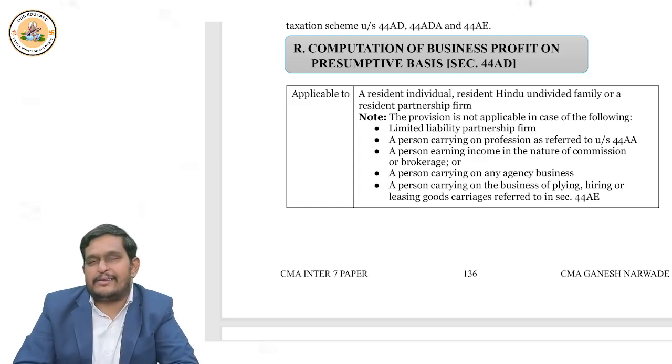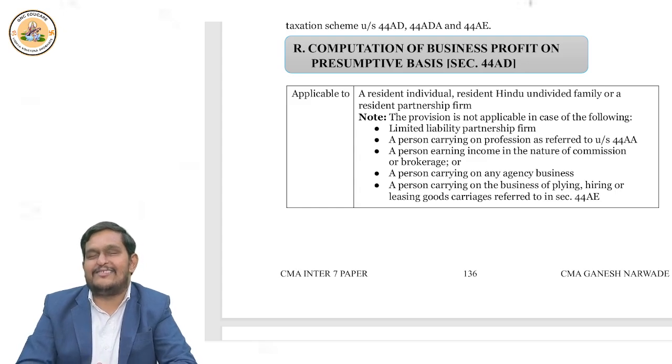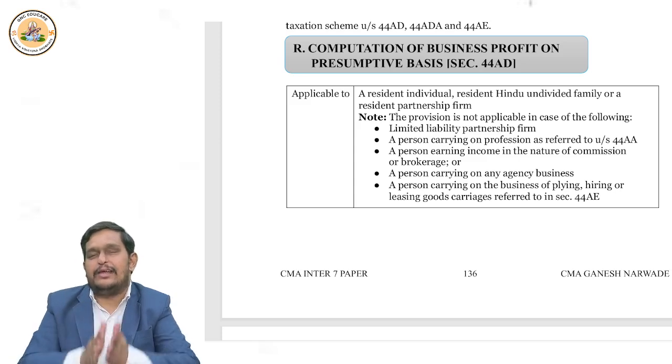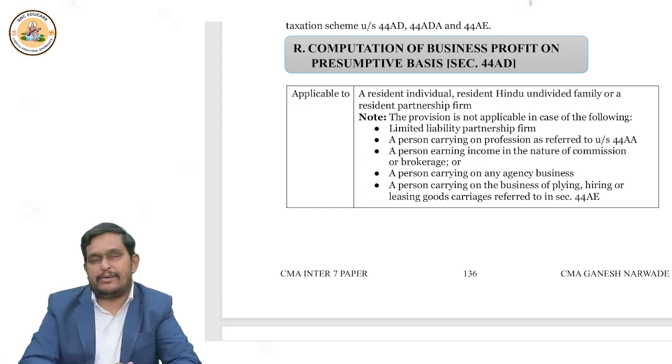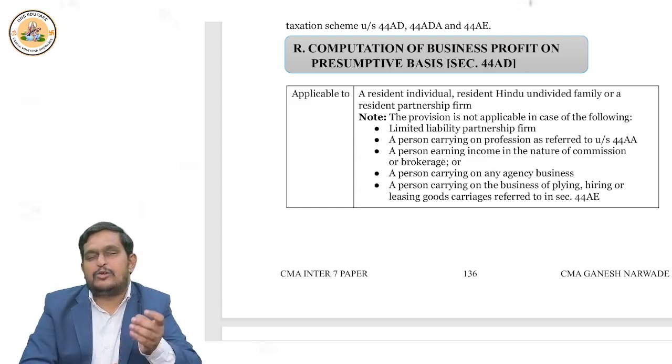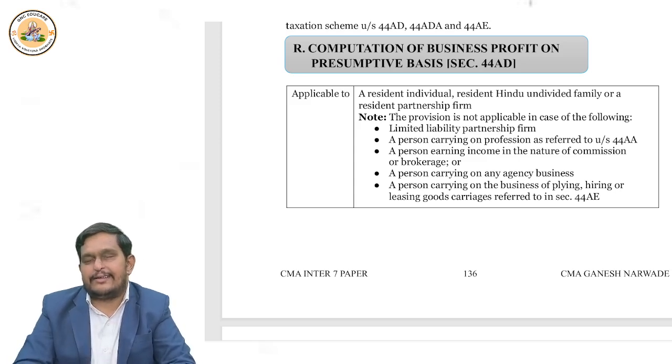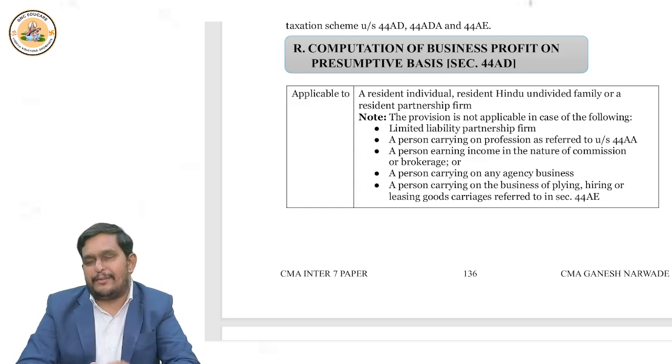Similarly, what about agency business? Does this section apply? The answer is no. For agency business also, this section doesn't apply. So what I said: this section doesn't apply to limited liability partnerships, to income like commission or brokerage, or to people in agency business.